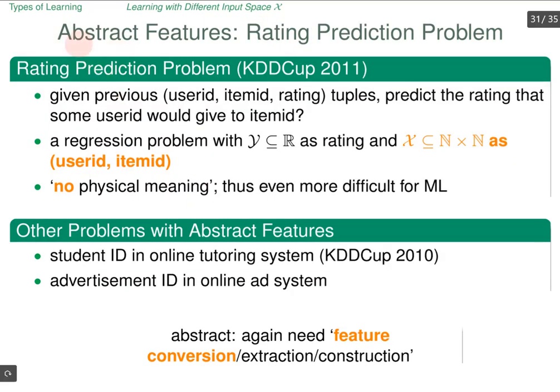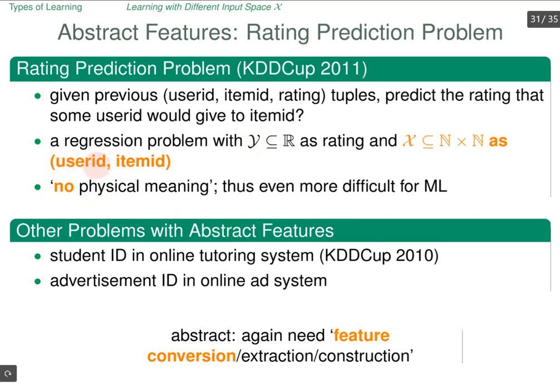Another type of feature is called abstract features. To understand this better, we can take a look at a rating prediction problem, where what we have here is user ID, item ID, and rating. The task is to predict the rating that some user ID would give to an item ID. This is a regression problem where output y could be any real value as rating.